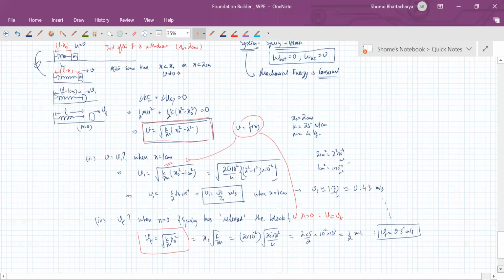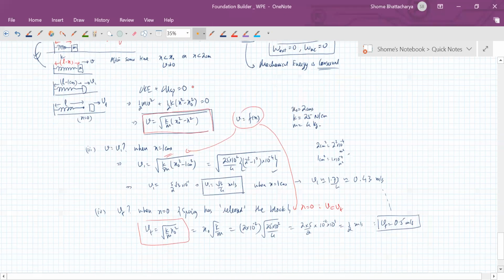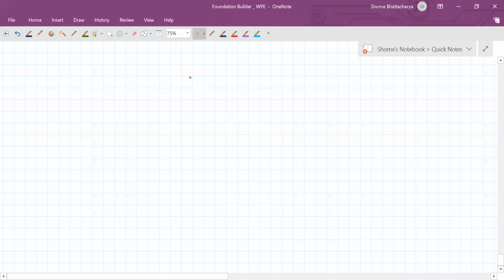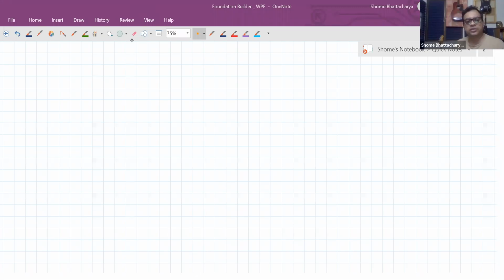Now we will look at another type of potential energy. So that is going to be the next formula of potential energy for us, which is going to be gravitational potential energy.